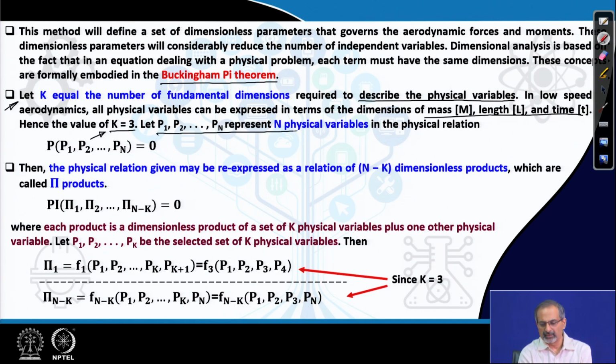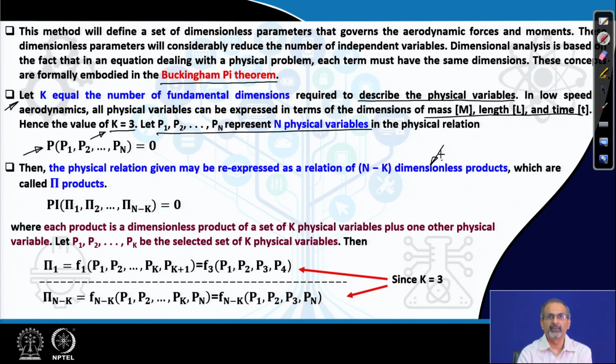Additionally, we will account for n physical variables which are sufficient to describe the physical relation given by this function, which is not known to us yet, but we are representing it in this form, where the n physical variables are the independent variables. Then the physical relation given may be re-expressed as a relation of n minus k dimensionless products.